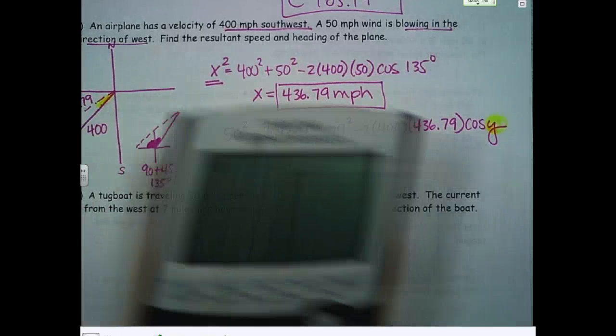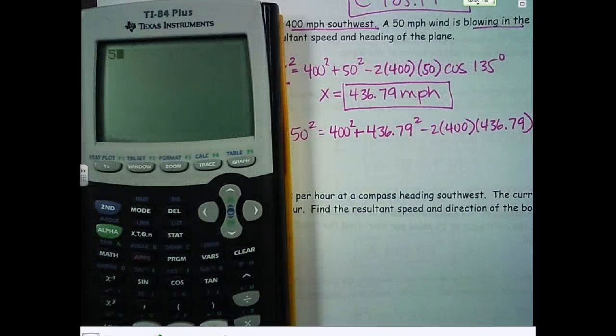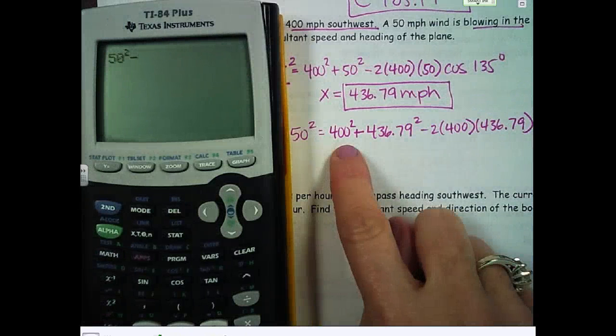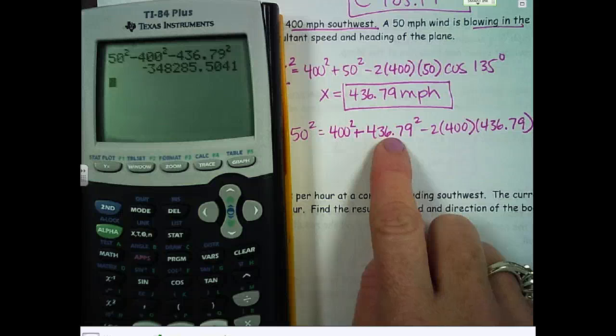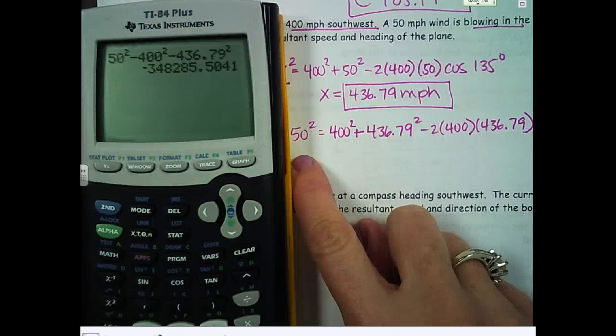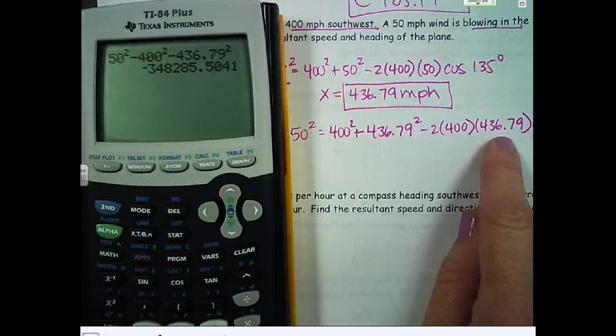You take 50 squared and subtract your 400 squared and subtract your 436.79 squared. And you hit enter. That'll get rid of those. That moves those over. Now to get rid of these 3, I'm going to divide. Divide by -2, divide by 400, and divide by 436.79, and hit enter.